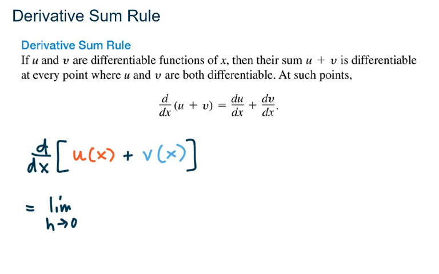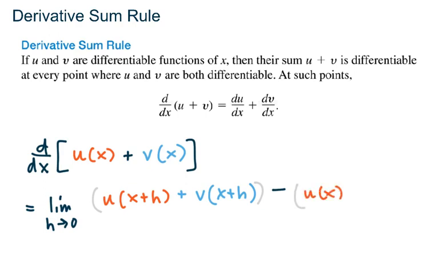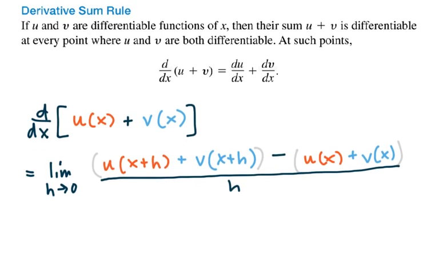I plug x plus h in for both, so I've got u of x plus h plus v of x plus h, minus what we started with, u of x plus v of x, all divided by h.